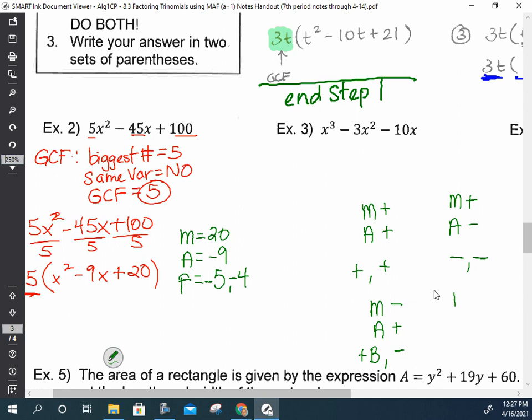And then if the number it multiplies to is negative and the adding number is negative, one positive, one negative, but the bigger number has to be negative. So this is a trick. Well, it's not so much a trick because it's going to work all the time, of figuring out how the numbers are going to work.